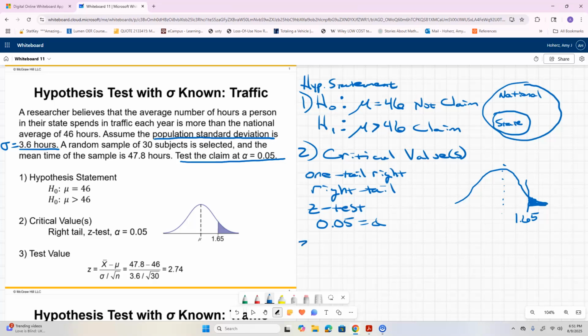Okay, so now we're going to compute our test value. We're going to use our formula, x bar minus mu all over sigma over the square root of n. I'm going to write it like this because it really should be more underneath like that to alleviate confusion. X bar in this case, that's our sample average, 47.8.